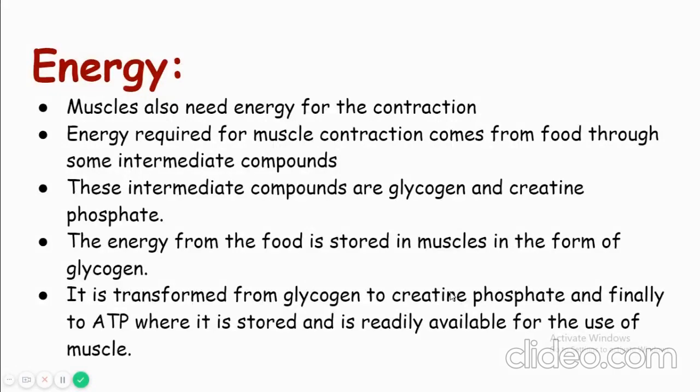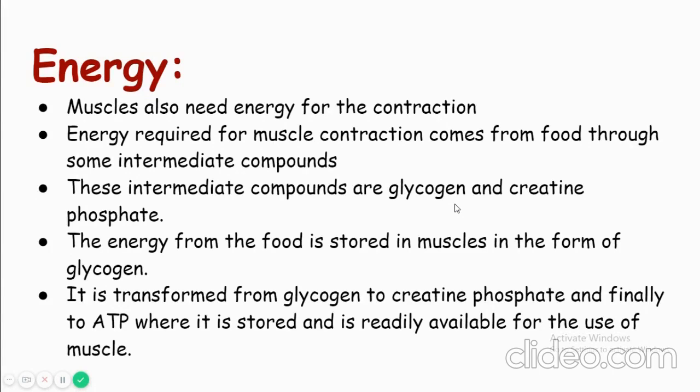These intermediate compounds are glycogen and creatine phosphate. First of all, when we take food, that food gives us glycogen, a carbohydrate. The glycogen from the food is stored in the muscles. Then that glycogen converts into creatine phosphate.